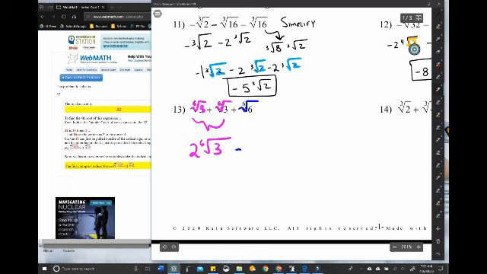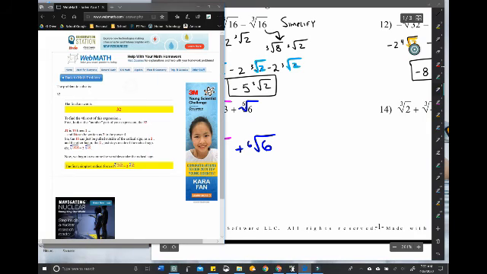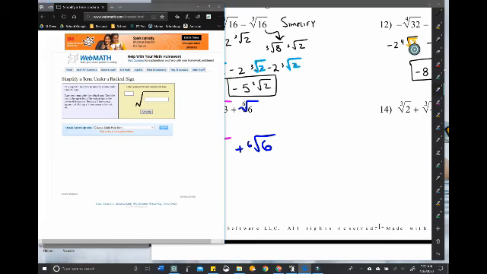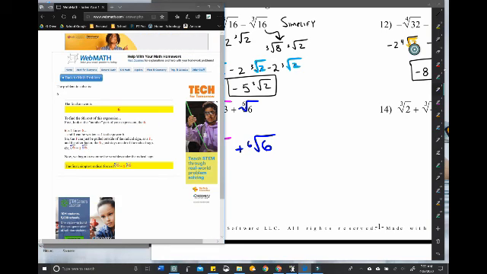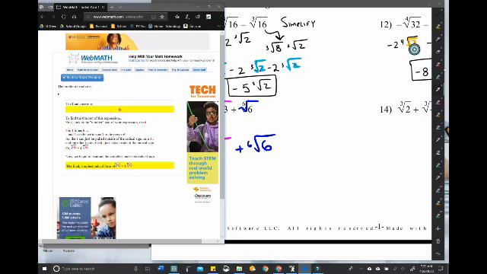It is not 1. It's just the 6th root of 6. Okay, so let's just double check. 6th root of 6. Simplified answer is 1 6th root of 6, right where my middle pointer is.